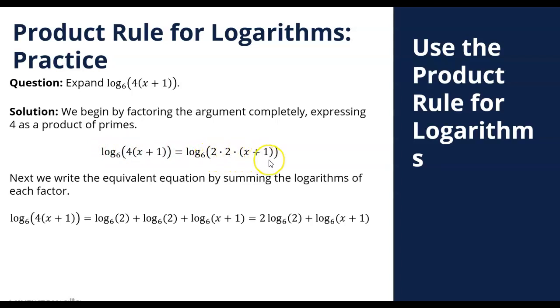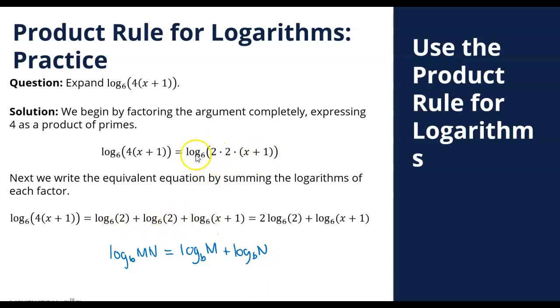Now that we're able to completely factor this expression, we can then use the product rule for logarithms, namely log of mn, the logarithm of the product, is just equal to the sum of logarithms. This is equal to log of m base b plus log of n base b. So the logarithm of the product here is equal to the sum of the logarithms.